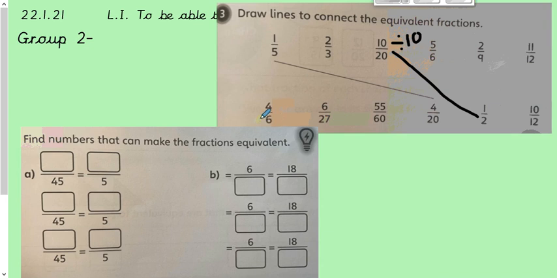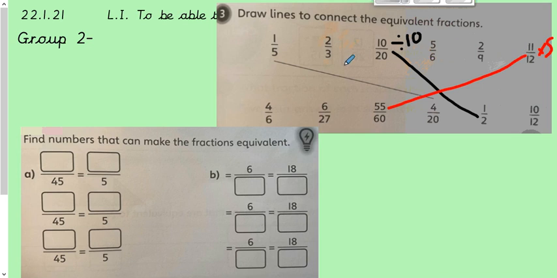So 6 and 12 are in the same times table, the 3s. 12 divided by 2 would be 6, and then 11 divided by 2 would not be 4. 27 is not in the 12 times table. 60, it could be. So we could do 12 times 5 to get to 60. 11 times 5 is 55. Therefore, that matches with that because you times each one by 5.